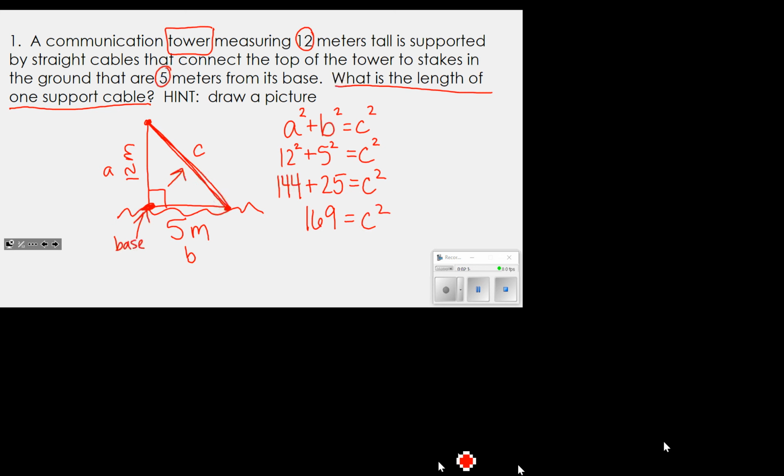C squared would mean the area of the square off of C, but we don't want to know the area. We want to know the length. So I'm going to square root both sides so I can cancel something out, because I just want C. And the square root of 169 is 13. So my final answer is 13 meters.